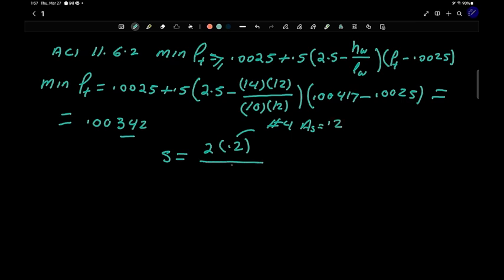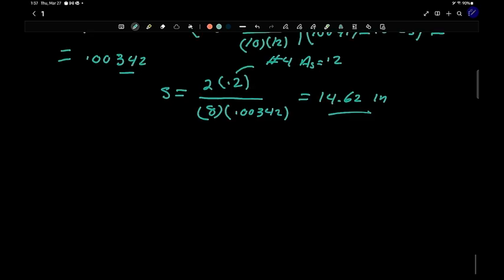And times 8-inch wall thickness multiplied by 0.00342, and that gave us 14.62 inch.